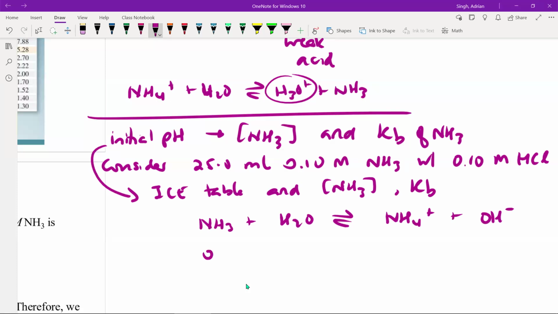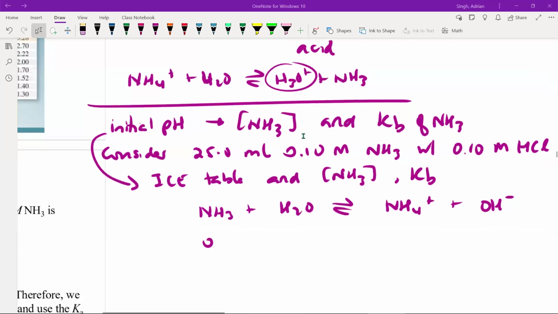NH3 initially is 0.10 molar. Water we're not concerned with, and none of the products to begin with.